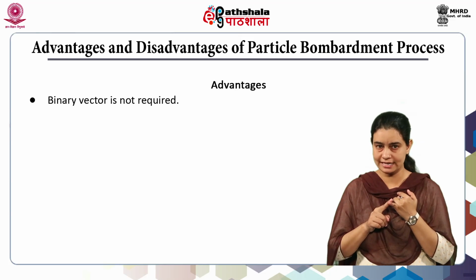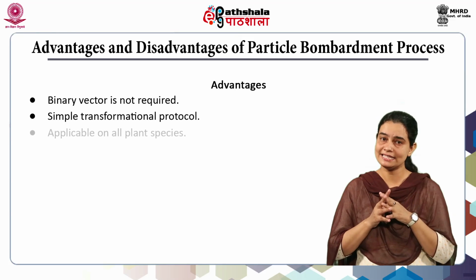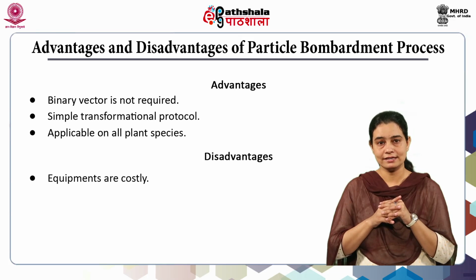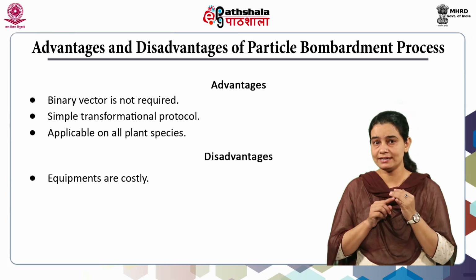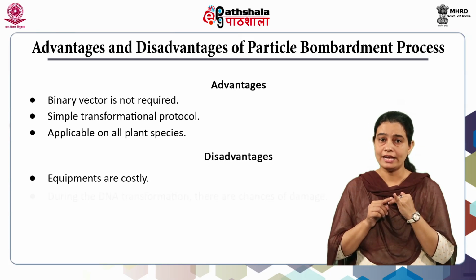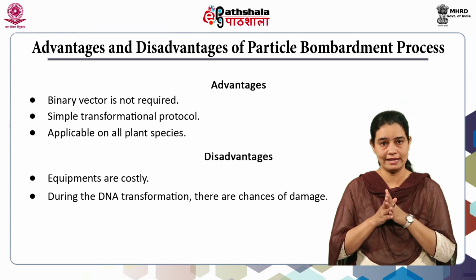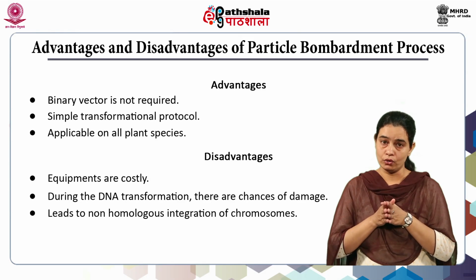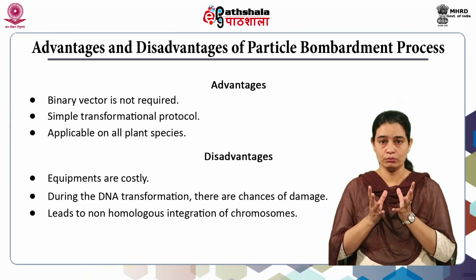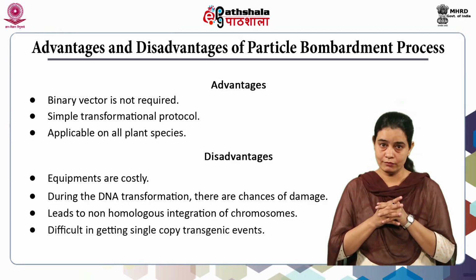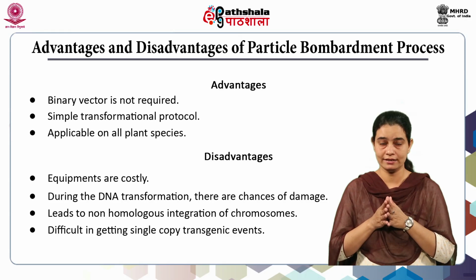It is a simple protocol and is applicable on all plant species. However, it has certain disadvantages: equipment is very costly and during the transformation process there are chances of DNA damage. Therefore, it leads to non-homologous integration into chromosomes. There is also difficulty in getting a single copy of transgenic events.